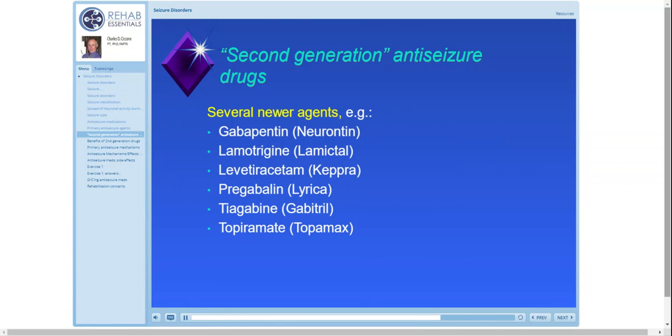And the obvious question was, so what? Are they improving our treatment of seizures? So let's focus on that for a second. Did these newer second generation drugs actually replace the more traditional drugs that we saw earlier? Let's talk about that on the next slide.